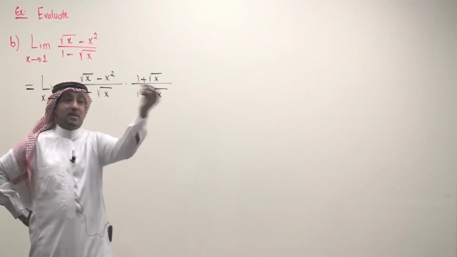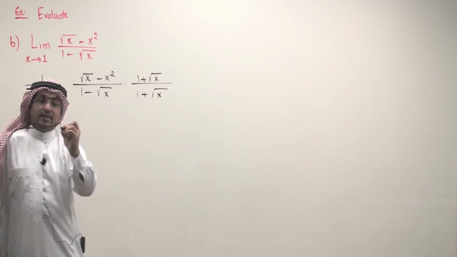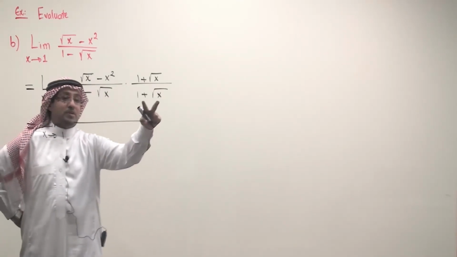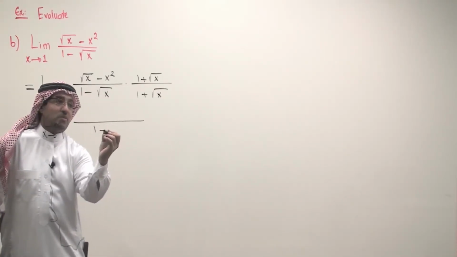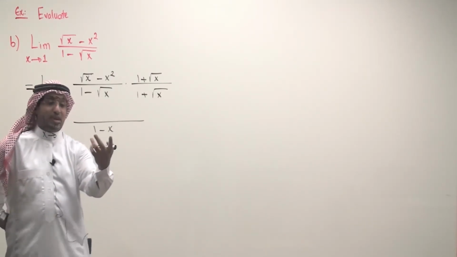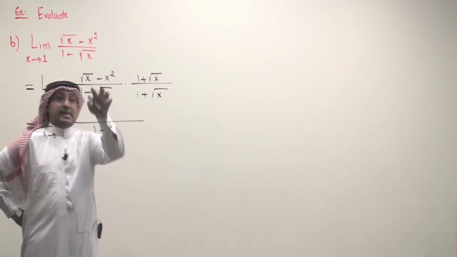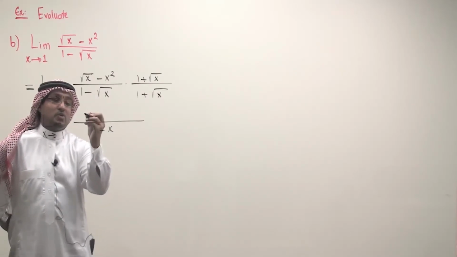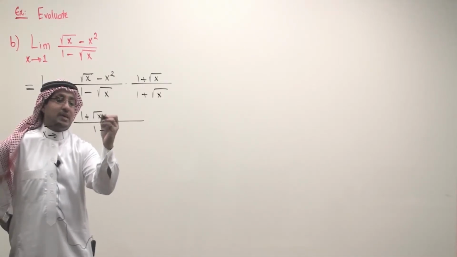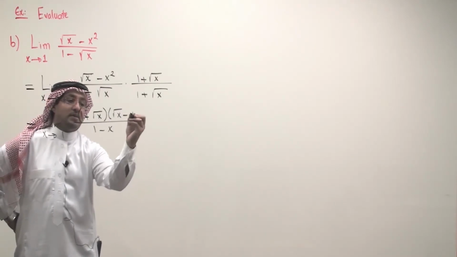Now, multiplying by the conjugate of the denominator is going to make things a little simpler. The product here will be the first square minus the second square, so it will be 1 minus x. So I already obtained 1 minus x in the denominator. And the numerator is going to be 1 plus square root of x times the square root of x minus x squared.